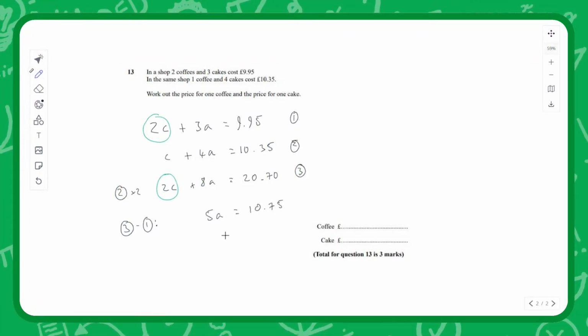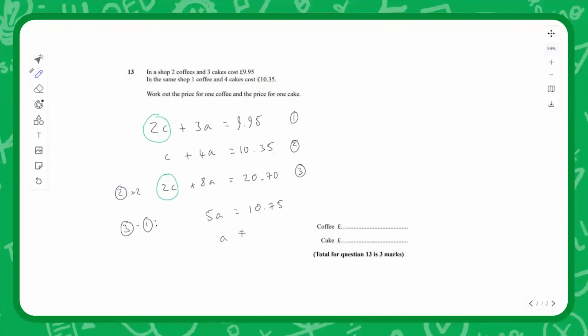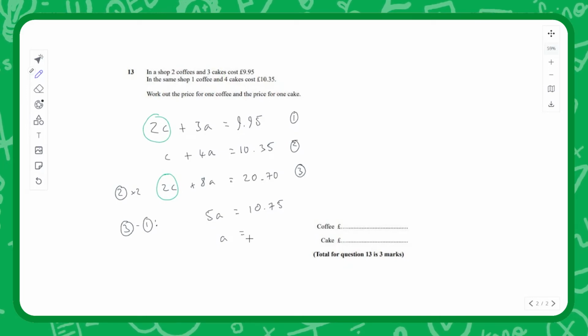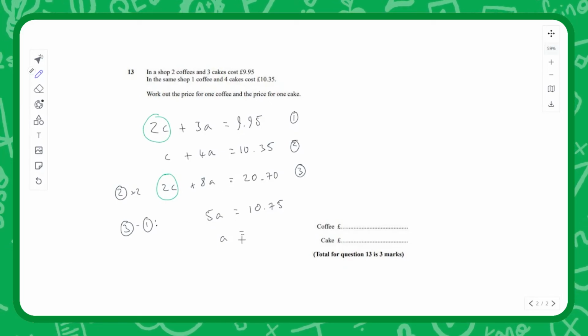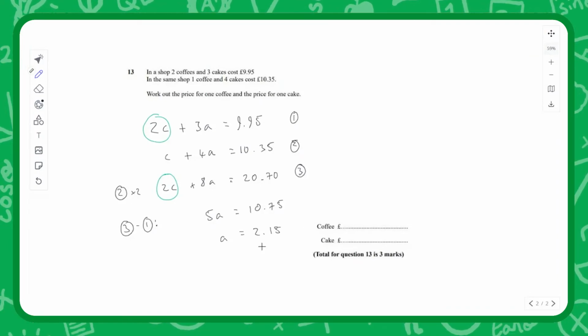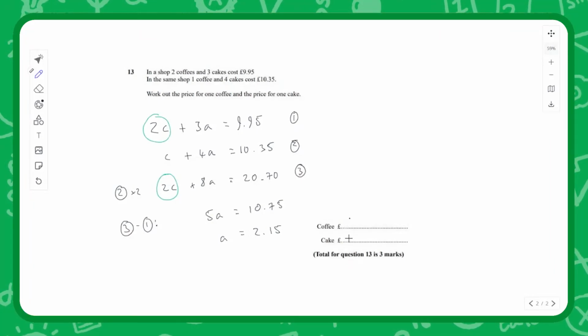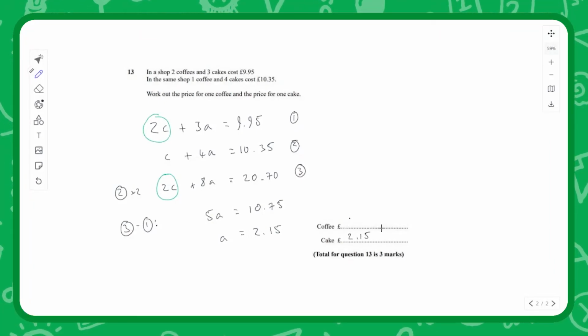I then want a on its own. I want to get just the cakes on their own. So I divide both sides by 5. If I do that, I get £2.15. So I know a cake costs £2.15. It's going to go there, £2.15.